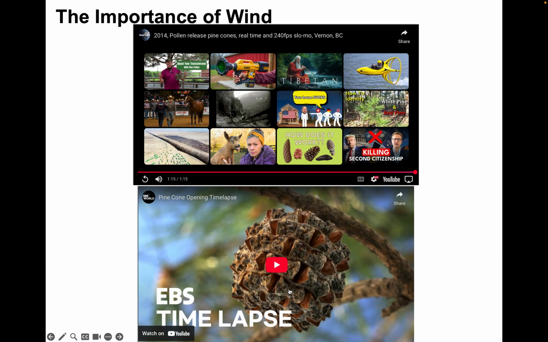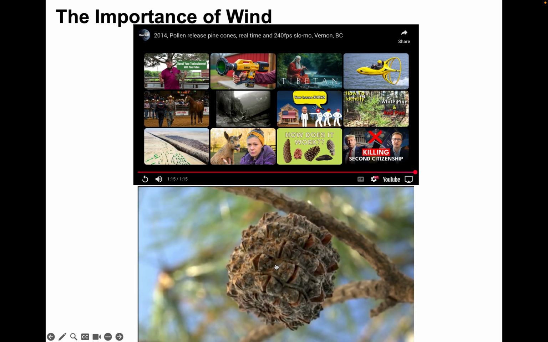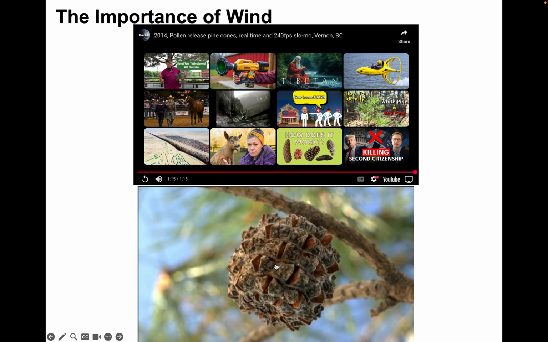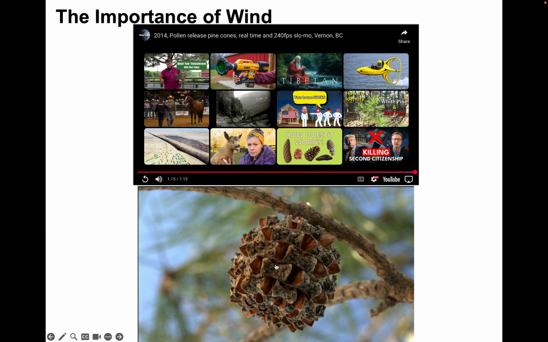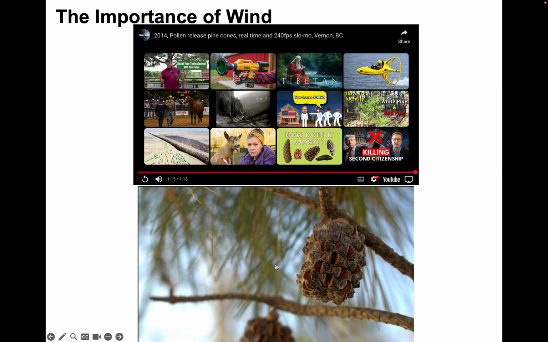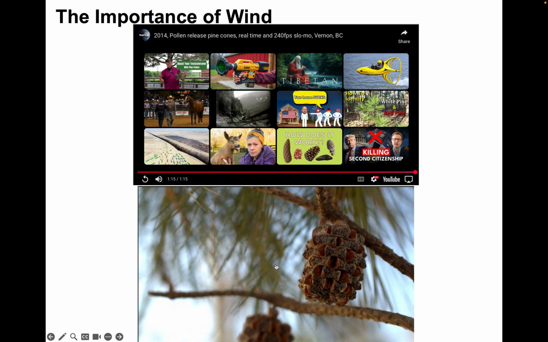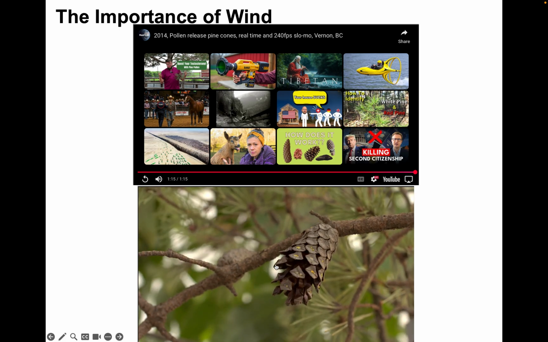And next one, we'll see some time lapse of female cones. This first one is a cone I have never seen before. I do not know what kind of cone this is. Almost looks like bird mouths opening. The rest of them are more cones we're familiar with.